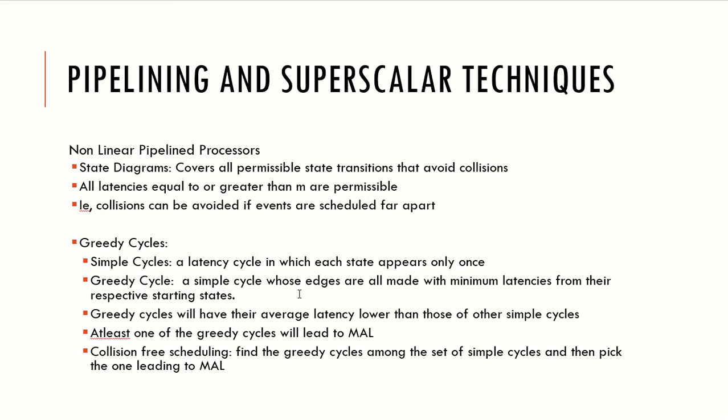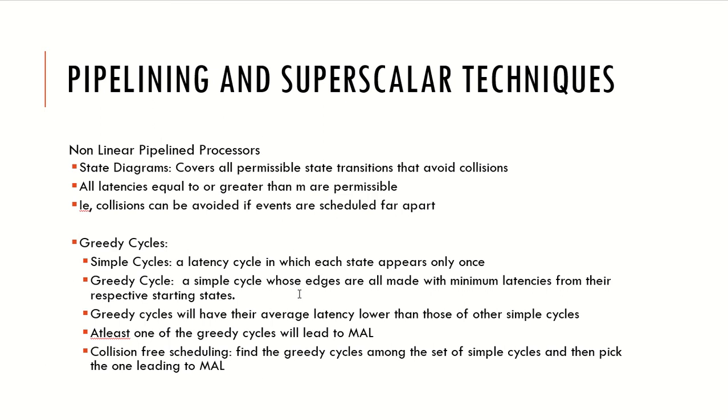Greedy cycle. To know about a greedy cycle, first you have to know what a simple cycle is. A simple cycle is a cycle where each state appears only once, which means you will not be revisiting a state during the course. Once a state is visited, it will not be revisited.